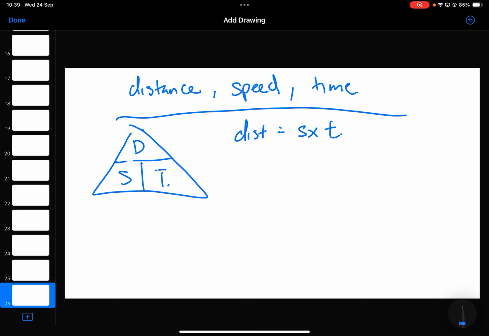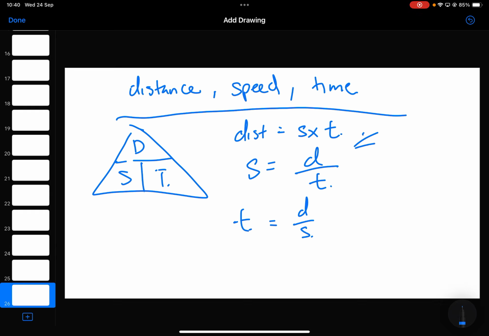If I want speed, I cover my speed. Then what is left is D over T. Meaning, speed is distance over time. If I want time, I cover my time. Then what is left? D over S. So time is distance divided by speed.